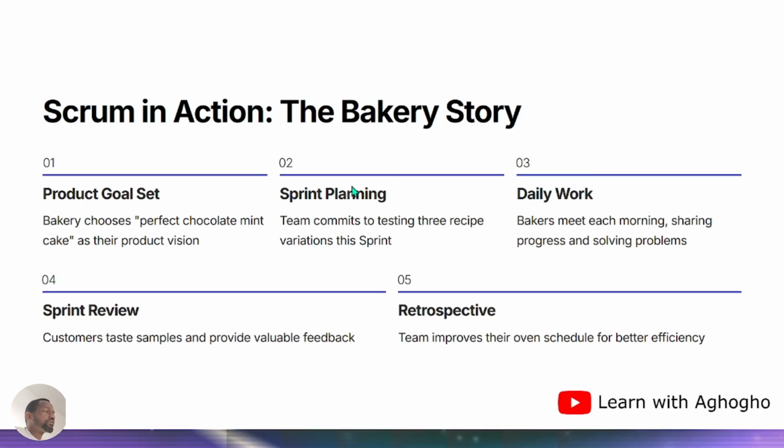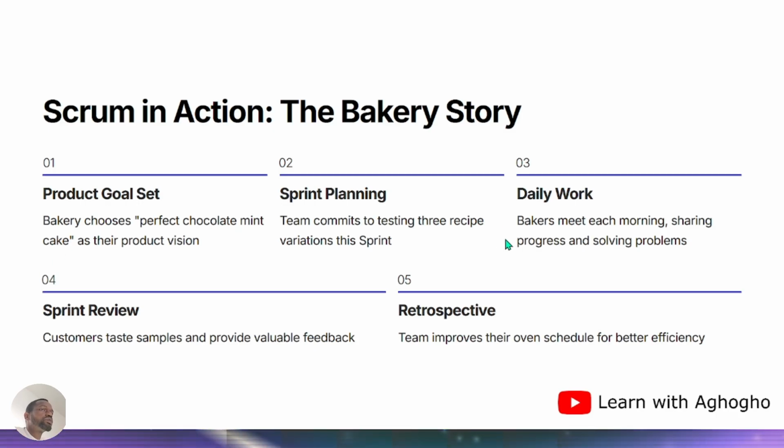Scrum in action. We'll be using the bakery story as a simulation. Okay. Product goal set. So the product goal set on this simulation project is the bakery chooses the perfect chocolate mint cake as their product vision. The sprint plan: the team commits to test 3 recipe variations in this sprint.